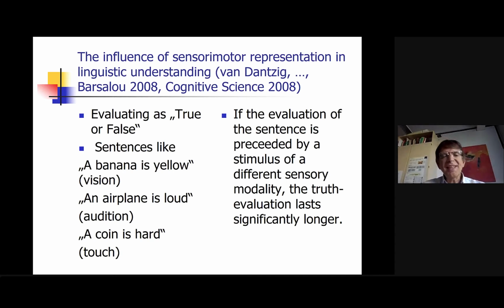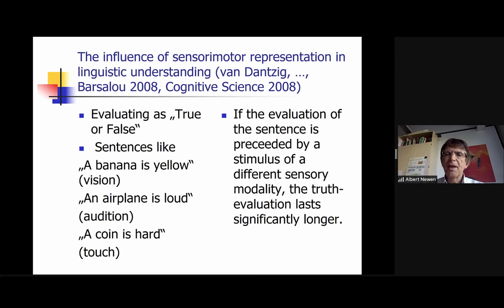Now, what they did, before evaluating the truth value, whether the sentence is true or false, of course they had variations of the sentences, they actually gave a certain either visual stimulus, a sound, or a touch. So the person listening to the sentence, a banana is yellow, a visual sentence, actually had a very shortly preceding auditory stimulus or a touch.